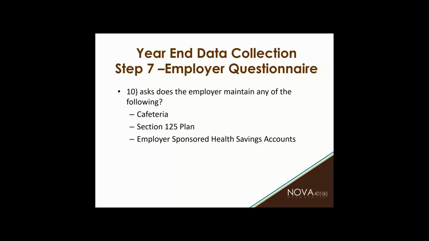And so if your company allows for employee pre-tax contributions to be put into one of those programs, please answer yes here, and then provide that data on the column of the census template that asks for that information. We do need that information.